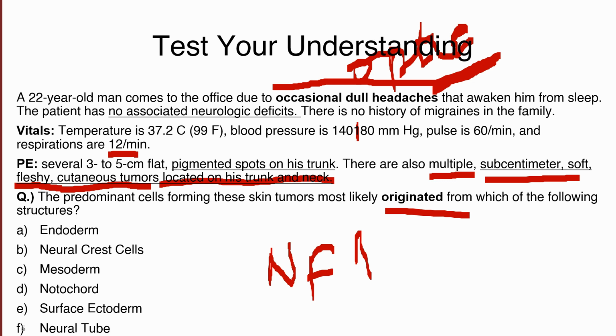The cutaneous neurofibromas usually manifest during early adolescence. So we can see here the age of the patient: he is just 22 years old and is presenting with cutaneous tumors.